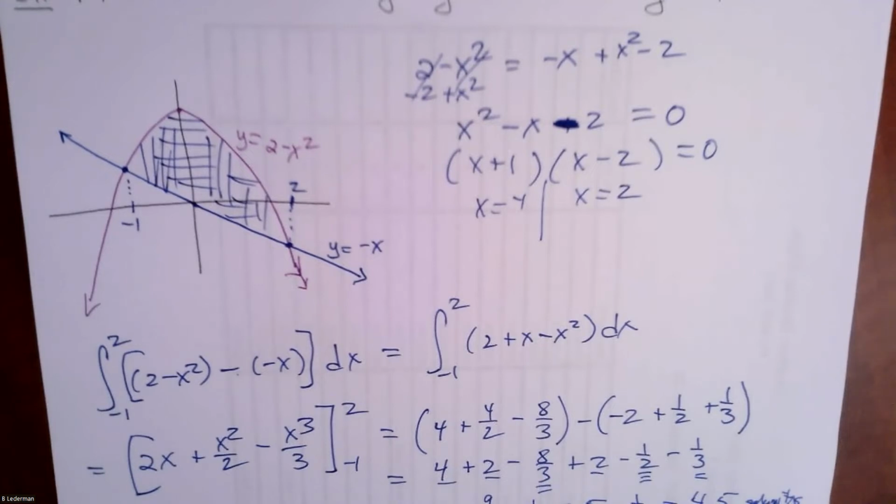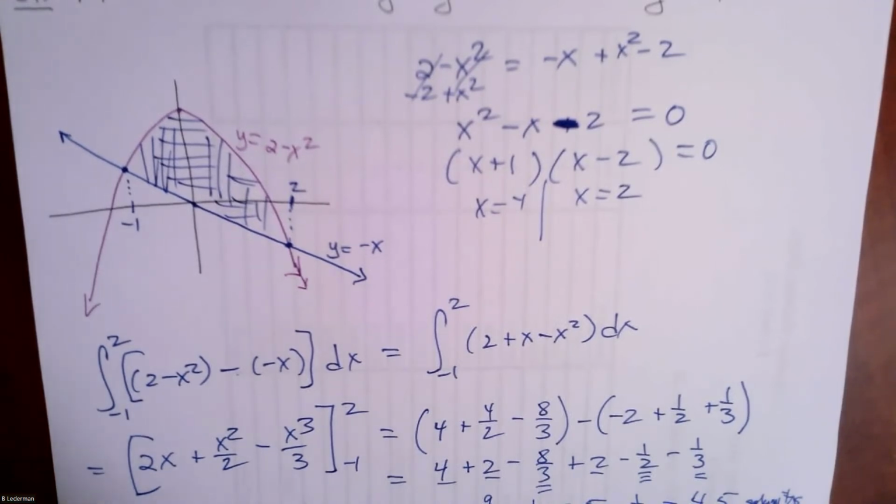That makes sense because velocity means the rate at which my position changes. I'm in a certain position, my position changes as I move, and the rate at which it changes is the velocity. So the derivative of position is velocity. That means that the antiderivative of velocity is position or distance.